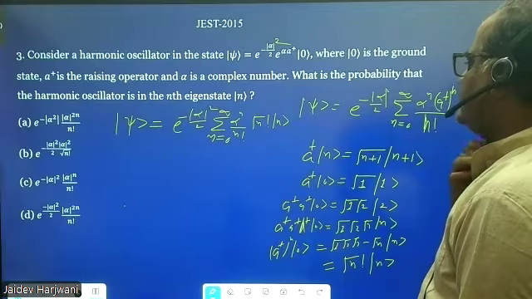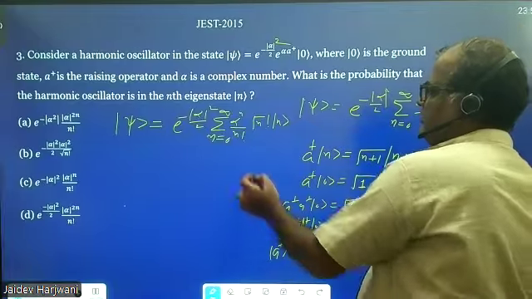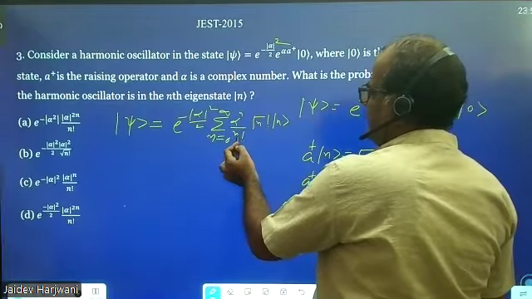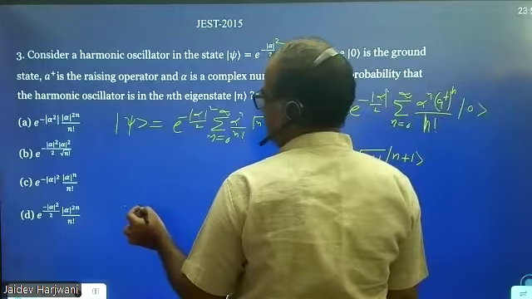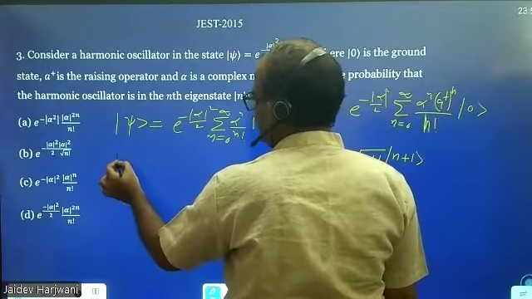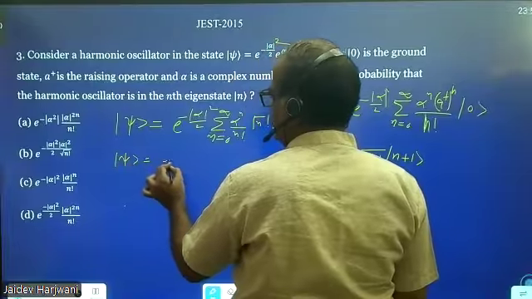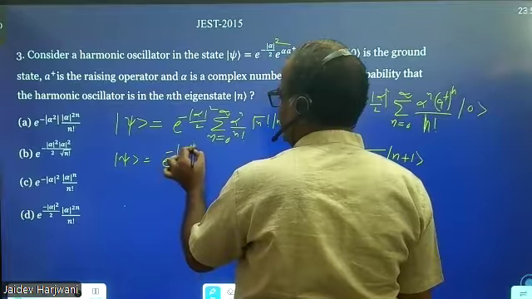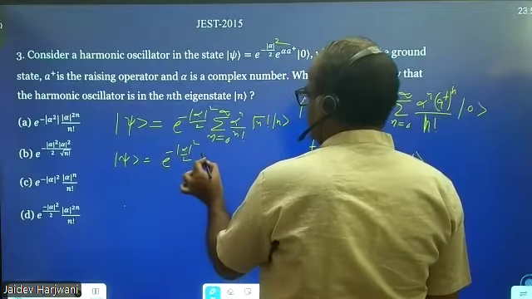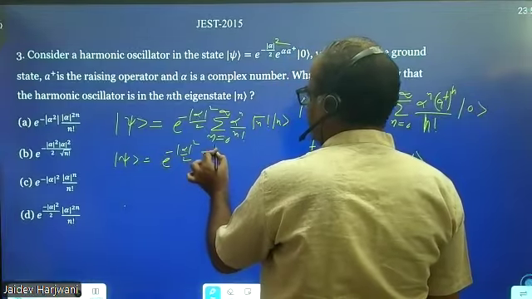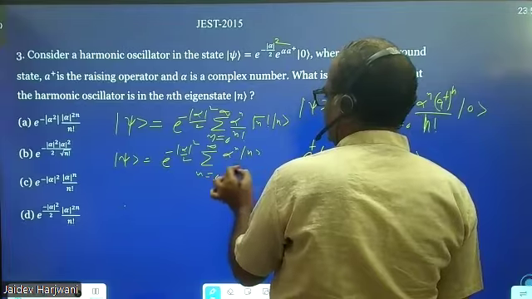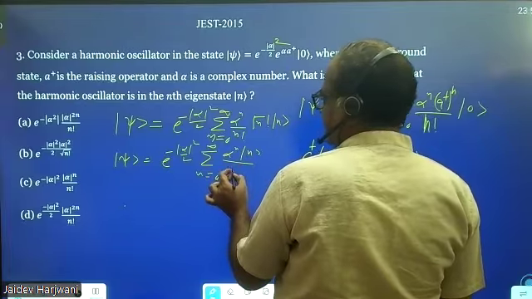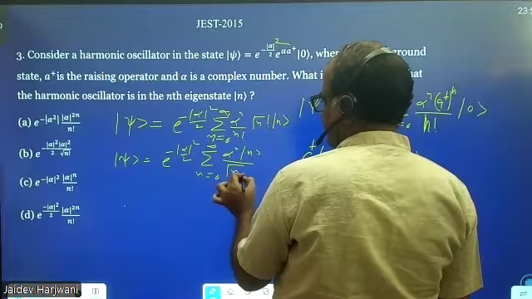So here you have a root n factorial, and here you have an n factorial. So psi will become e^(-|alpha|^2/2) summation n from 0 to infinity alpha^n over root n factorial, times the state n.